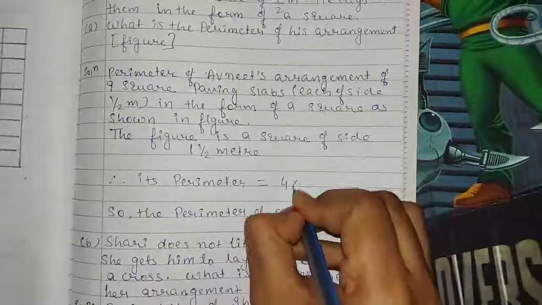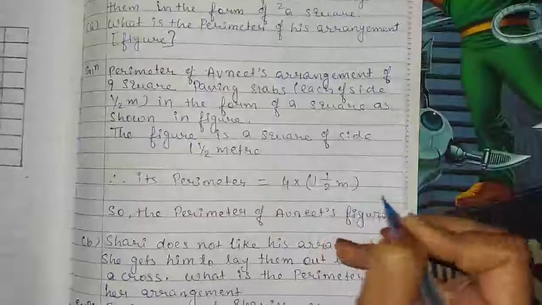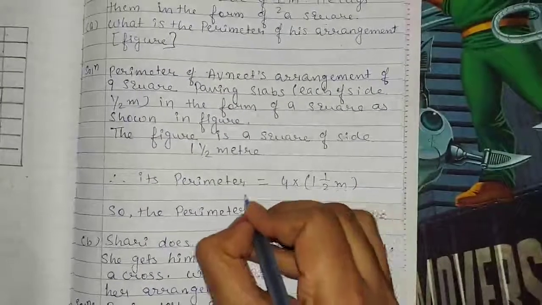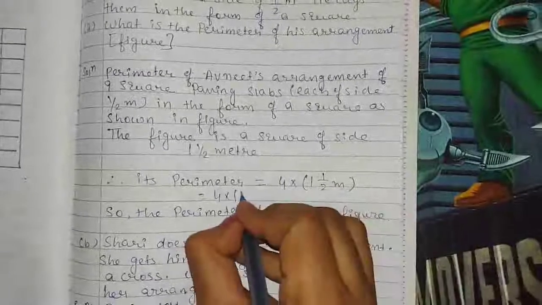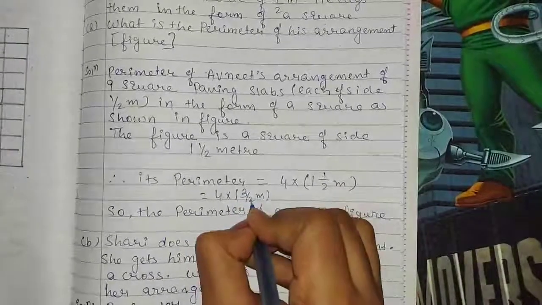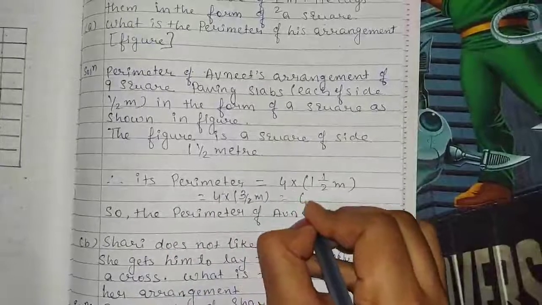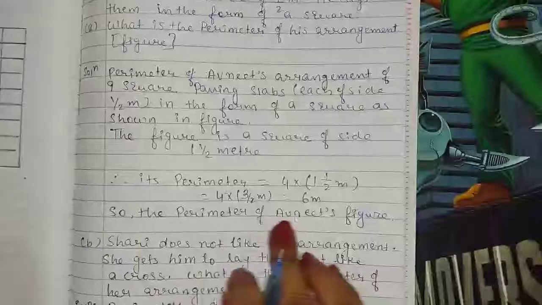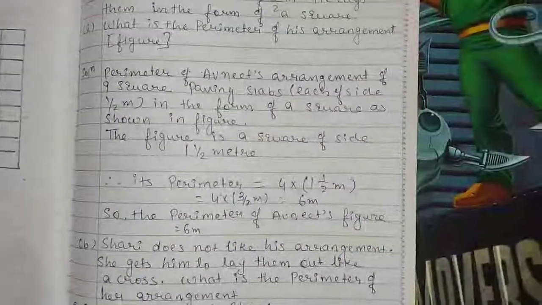Therefore, its perimeter equals 4 multiplied by 1 and 1 upon 2 meter, that is 4 multiplied by 3 upon 2 meter. The 2 and 4 cancel, so it is 6 meter. So the perimeter of Avneet's figure equals 6 meter.